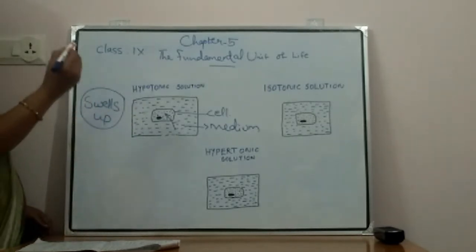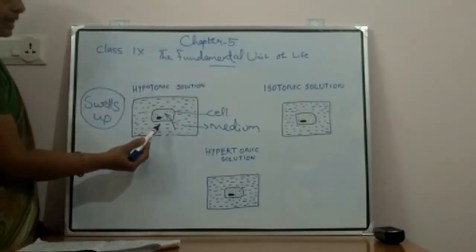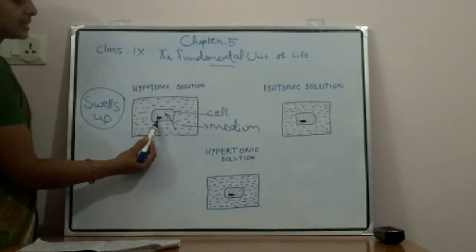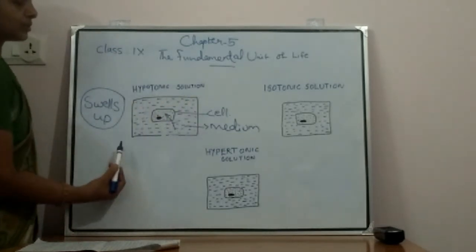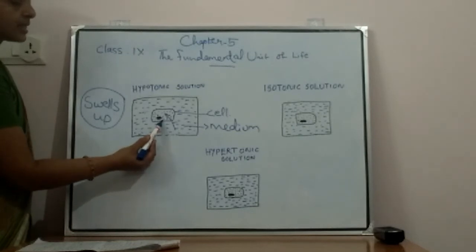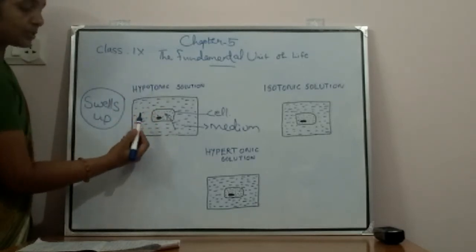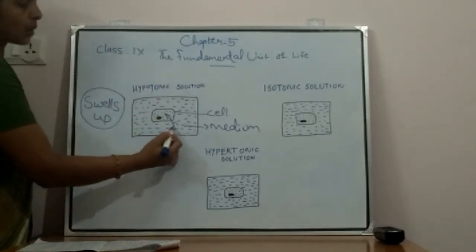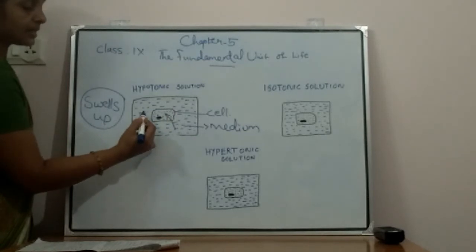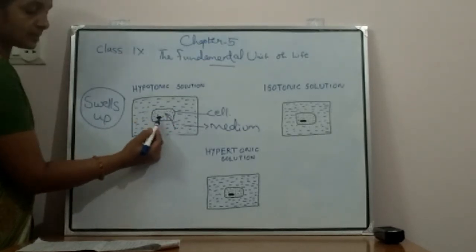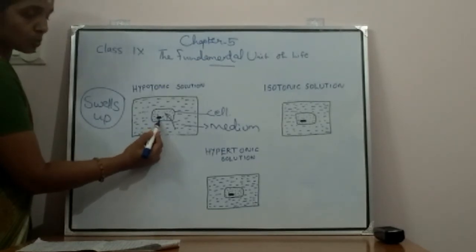If an animal cell or a plant cell is placed inside a hypotonic solution, then that cell will gain water and swell up. And what is hypotonic solution? If the medium outside the cell has higher water concentration than the cell, then that cell will gain water by osmosis.